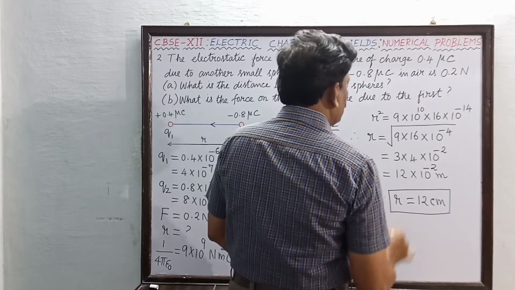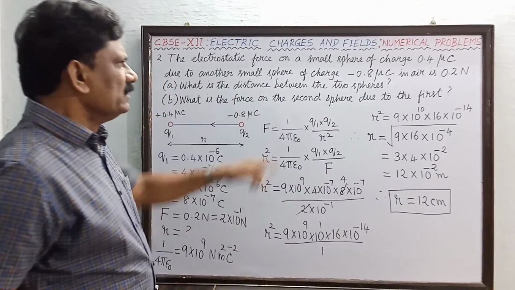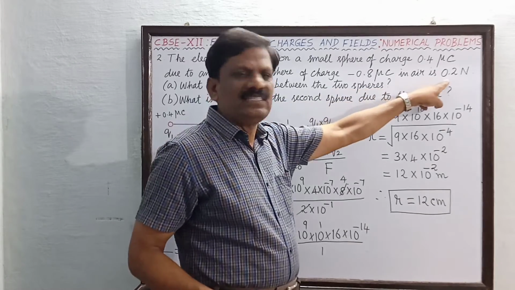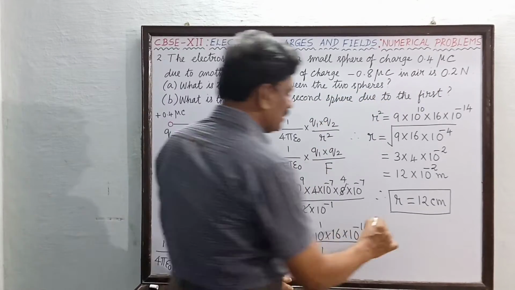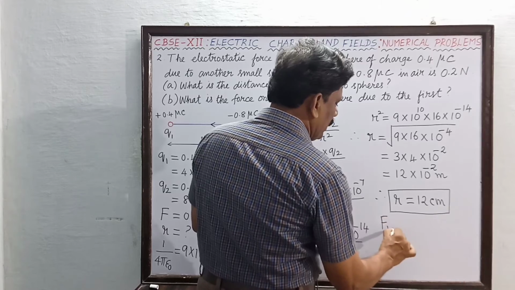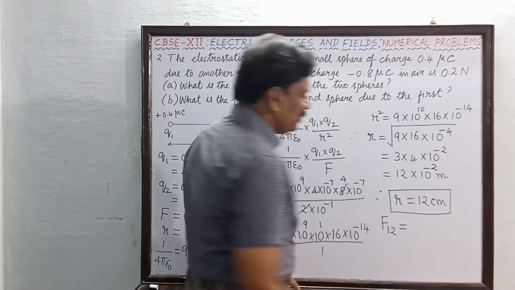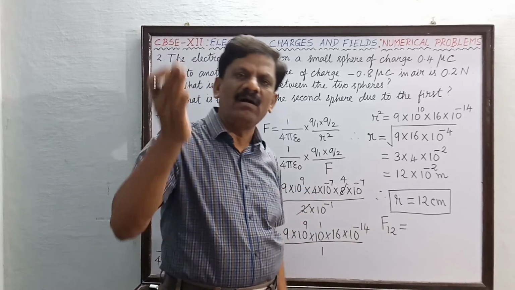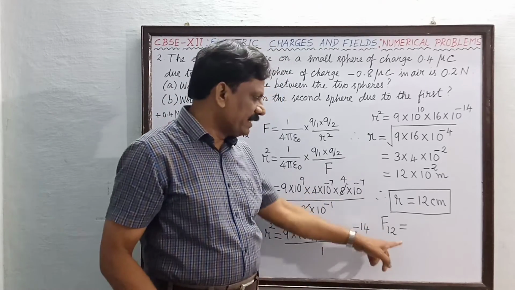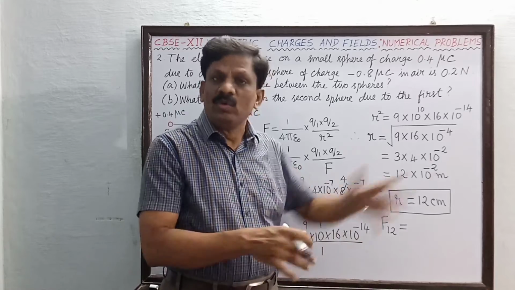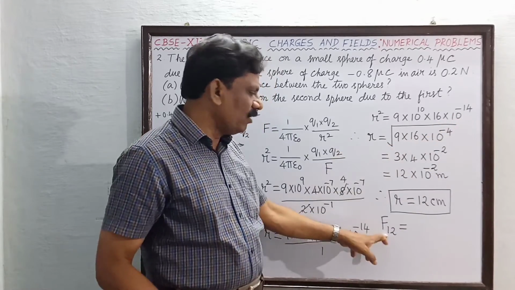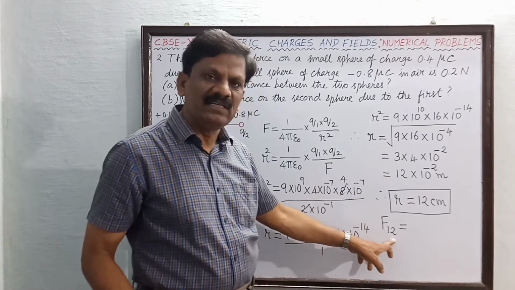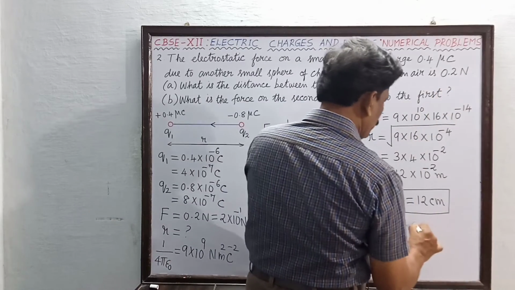Now, the force acting on the first charge, that is F1 2. F1 2 means what? The first suffix is the force acting on which charge, the second suffix is due to which charge. So the force acting on the first charge due to the second charge is given as 0.2 Newton.